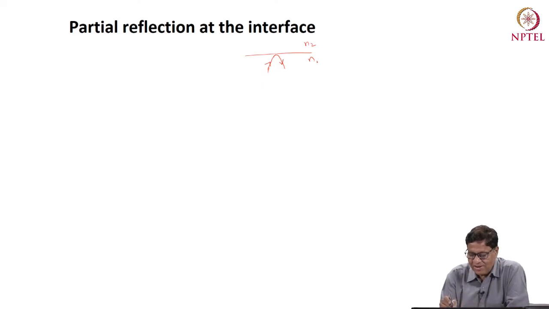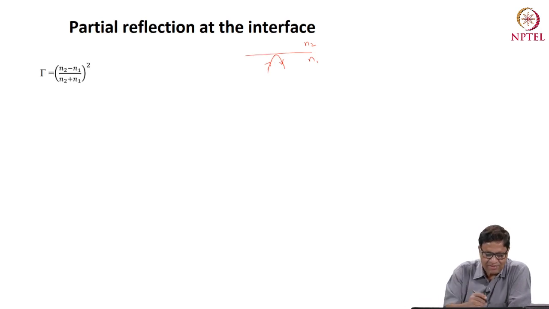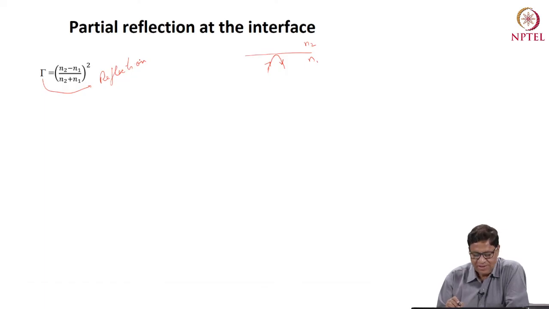So even if the light is inside that cone, when it is trying to come out of the device, some part will be reflected back. So we need to calculate this part also. This is the reflection coefficient. This tau is the reflection coefficient, which is given by (n2 minus n1) divided by (n2 plus n1), whole square.